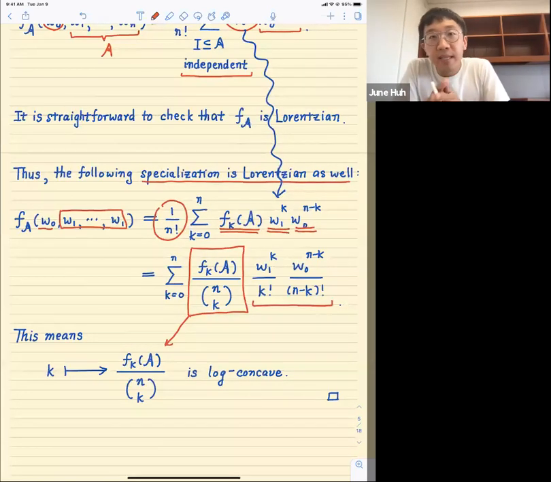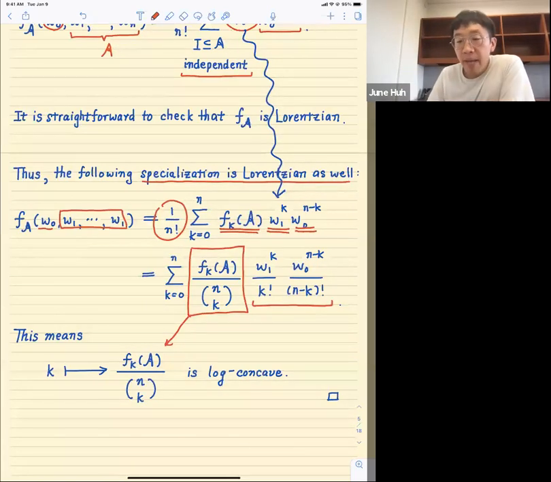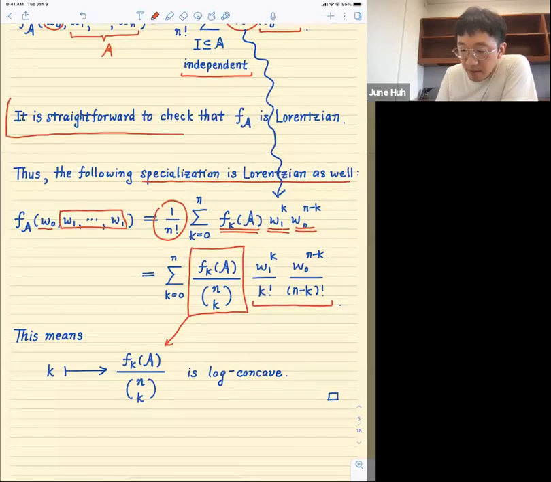So you will see that, modulo definitions, I have used very few properties of Lorentzian polynomials. I have used the property that I know what the Lorentzian polynomials are in two variables, and that the class of Lorentzian polynomials is preserved under specialization by setting variables equal to each other. This is not a big deal. But the real magic in this whole proof is hidden in this line, as I have emphasized before.